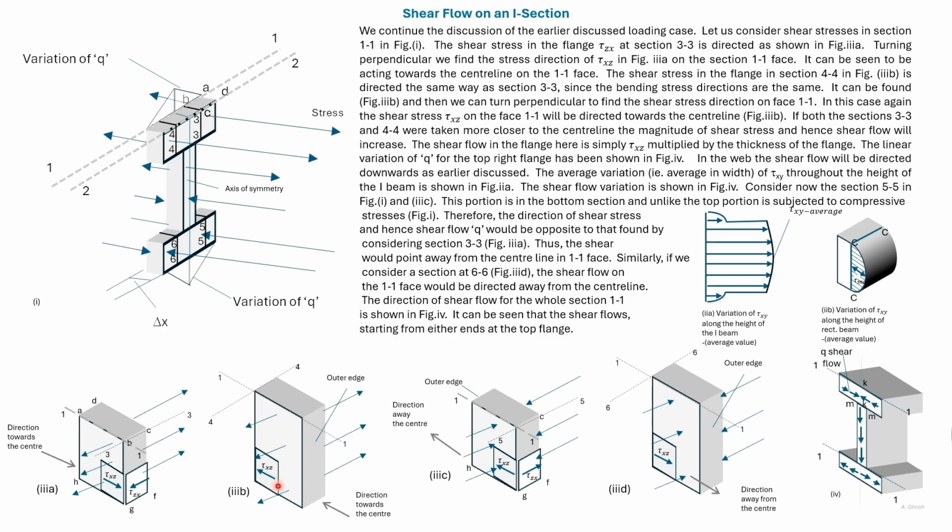That means this is the direction of tau xz in section 1-1. The direction is towards the center. So the shear flow in the top flange is towards the center from both edges.